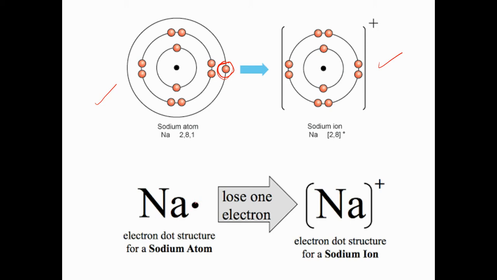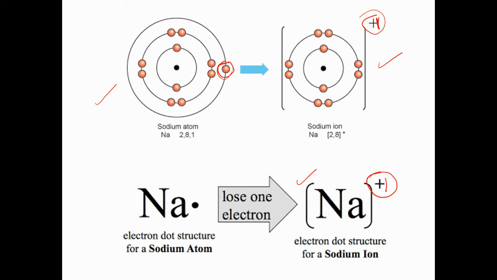So for a metal, when you draw its ion, it's just going to be the symbol with the brackets over here and the charge. Now the charge is determined by how many electrons are lost or gained. So if 1 electron is lost, it's just +1. If it was 2 electrons lost, it'd be +2, 3 lost, +3, for example.